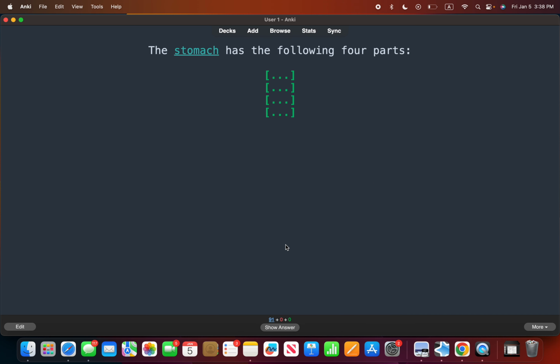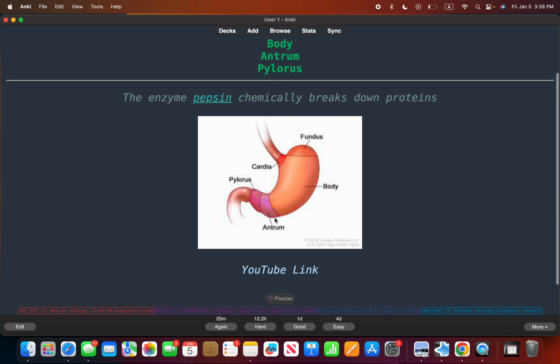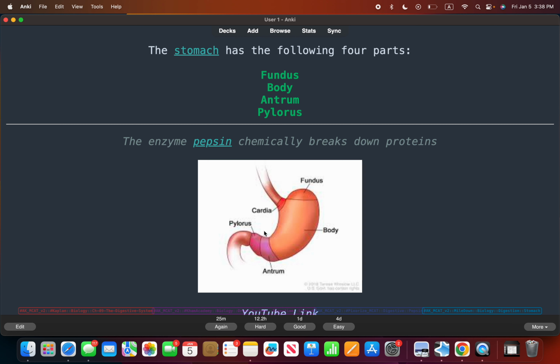Got that right too. So the stomach has the following four parts. We know it has the fundus, the body, and the pylorus is the last section. Oh, the antrum. Antrum is before the pylorus. The enzyme pepsin chemically breaks down proteins. And cardia is where the esophagus attaches to our stomach.